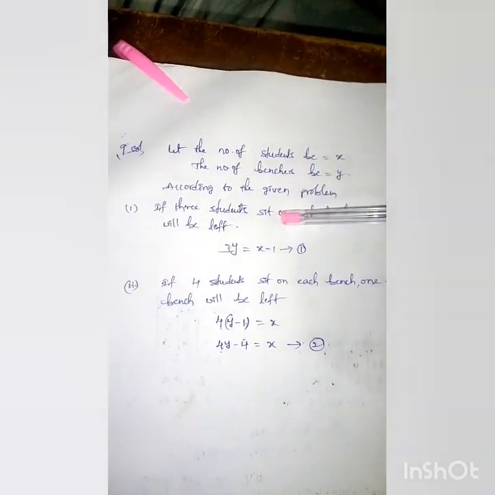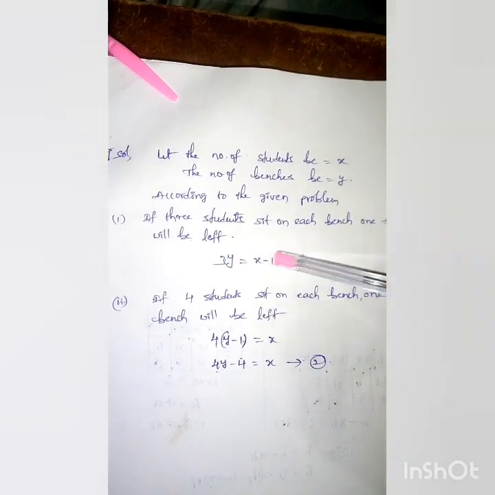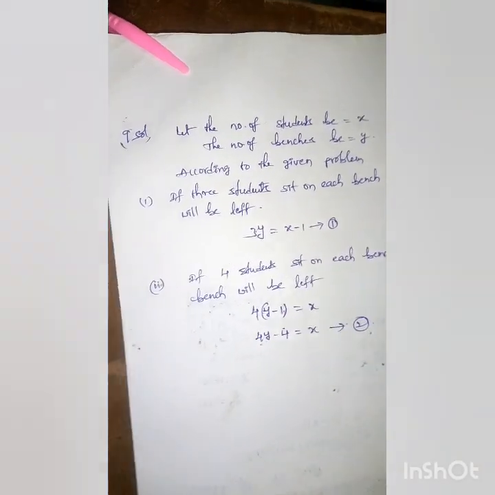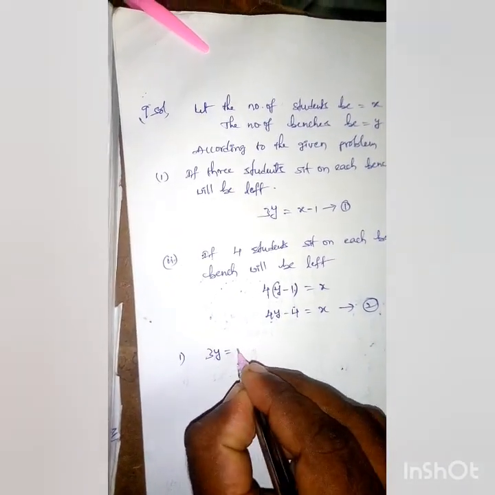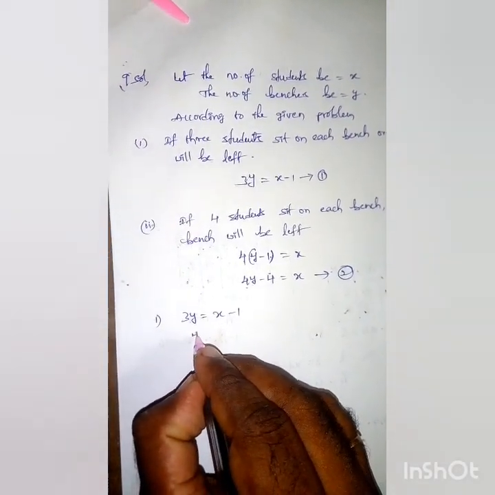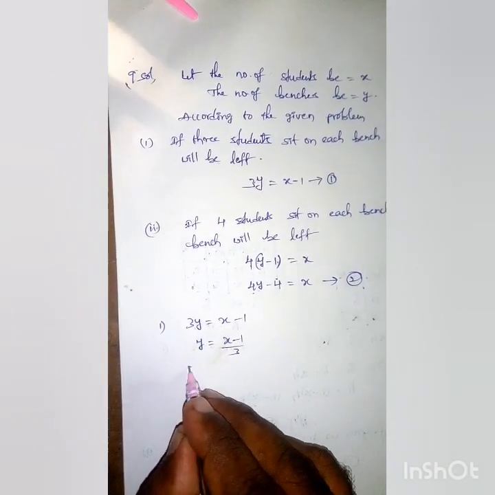Okay students, we converted the given statements into linear equations. They are: first equation, 3y equals x minus 1, and second equation, 4y minus 4 equals x. Now calculate the points for drawing the straight lines. Taking the first equation, 3y equals x minus 1, that is y equals x minus 1 by 3.